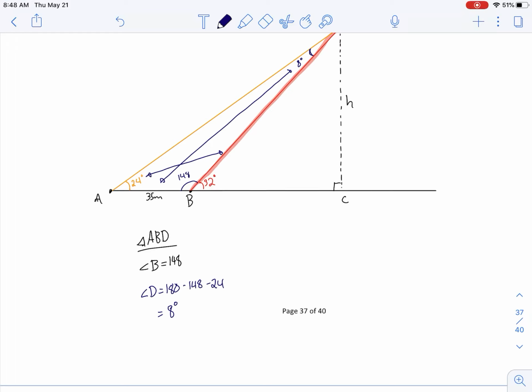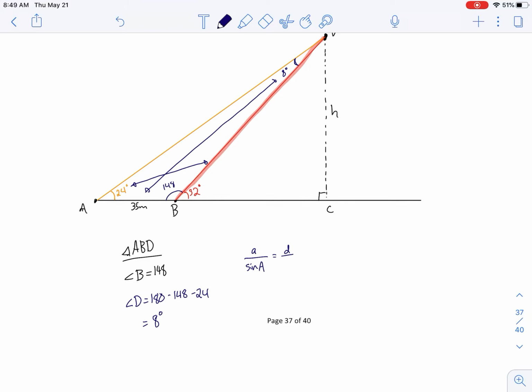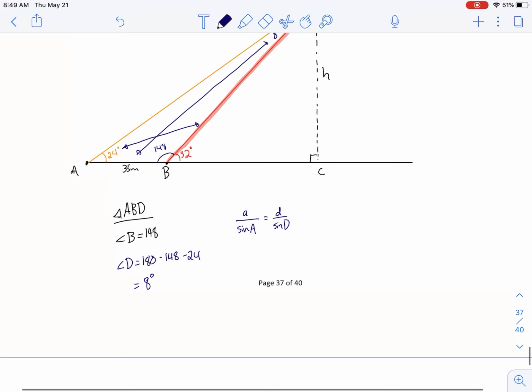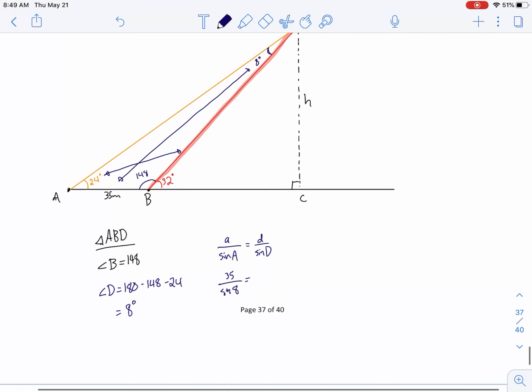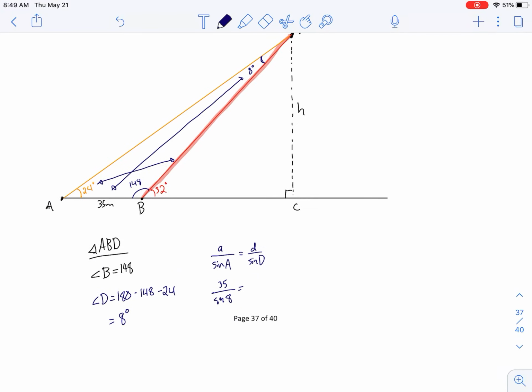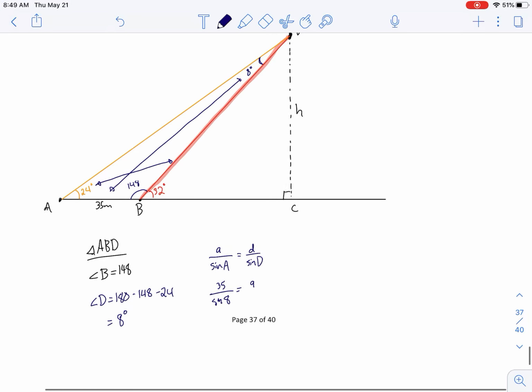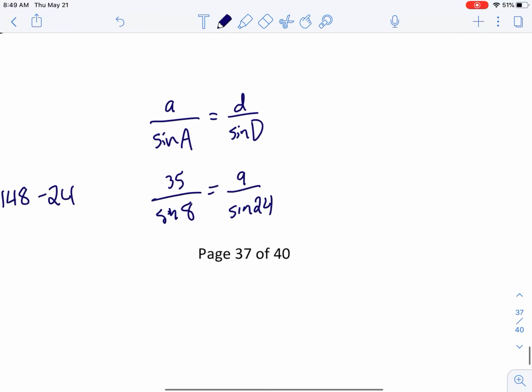Compare it to the other ratio, a over sine A, which is equal to d over sine D. Fill in the values we know: 35 over sine 8 is equal to a over sine 24, making that terrible looking a.